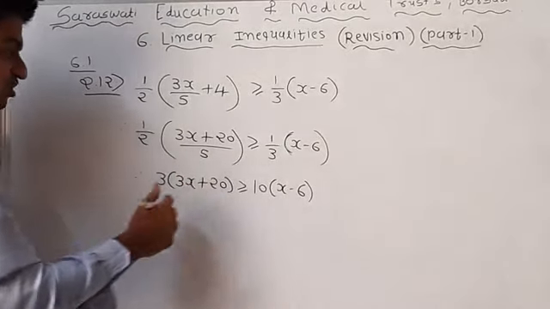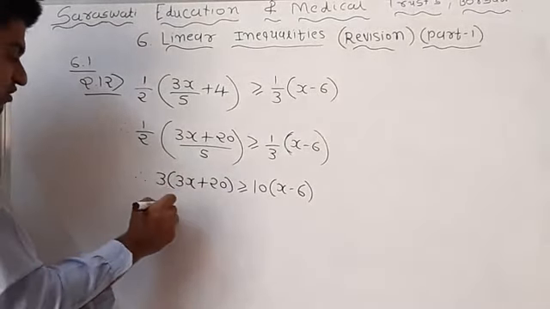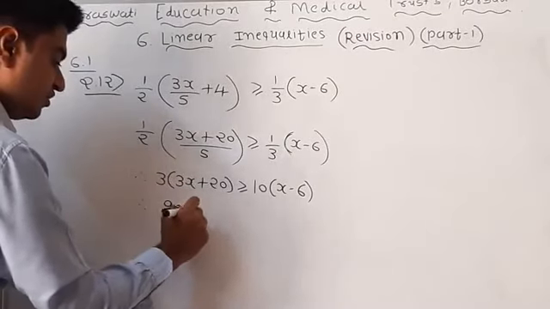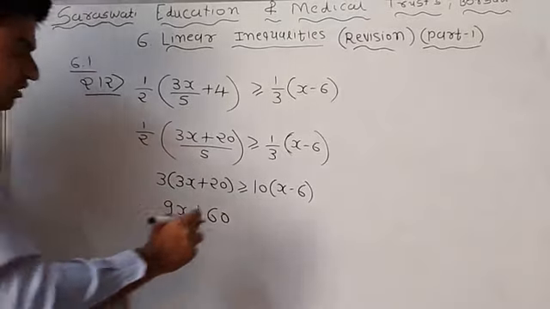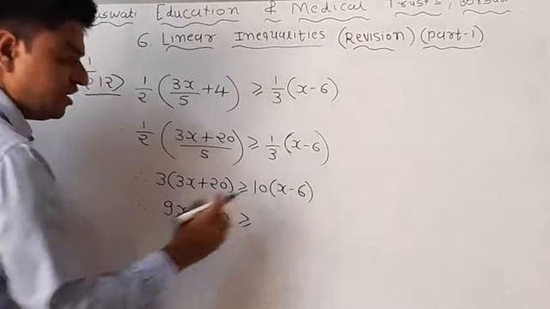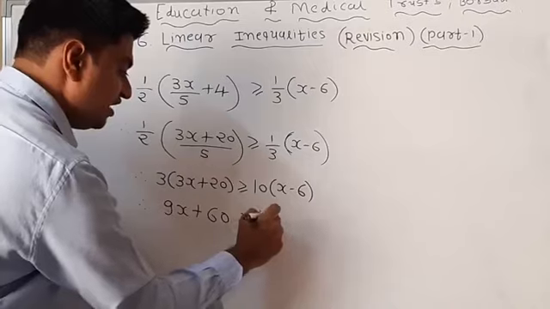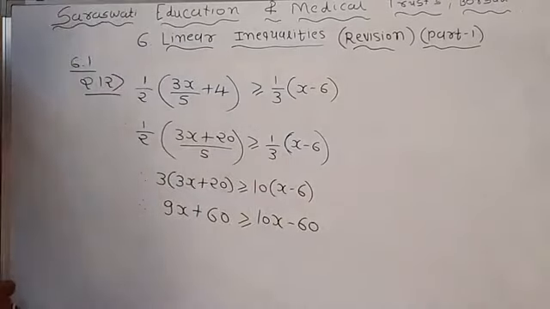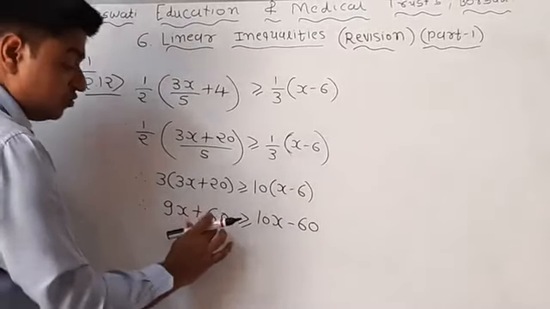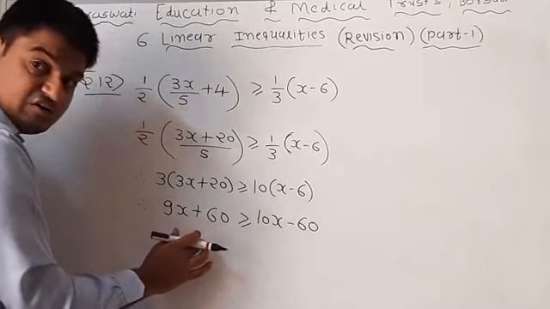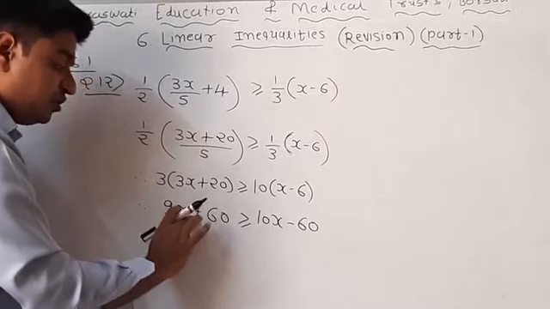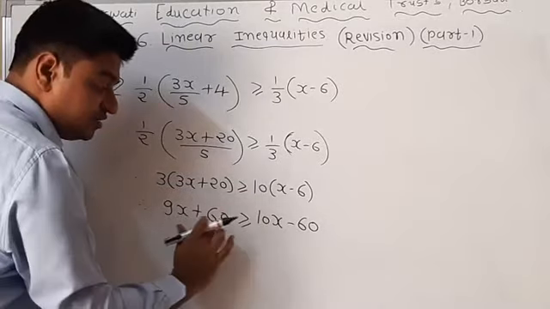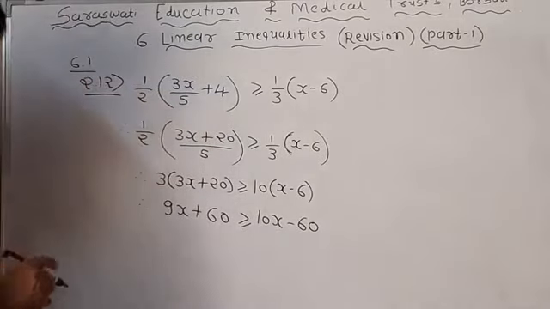Now after opening this bracket, 3 into 3 means 9x, 20 into 3 means 60, greater than or equal to 10 into x means 10x, minus 10 into 6 means 60. Okay. Now do this 60 and this 60 cancel out or not? No. Why? Because here a plus sign is present and here a minus sign is present.